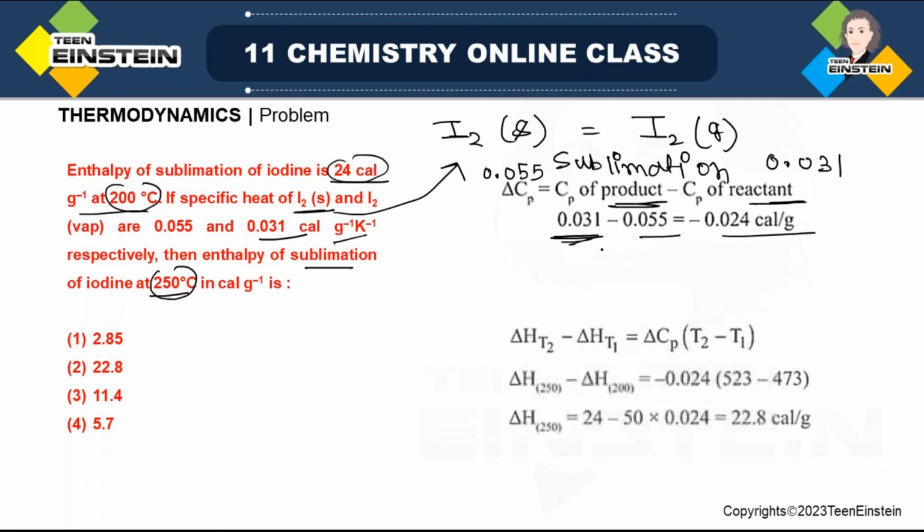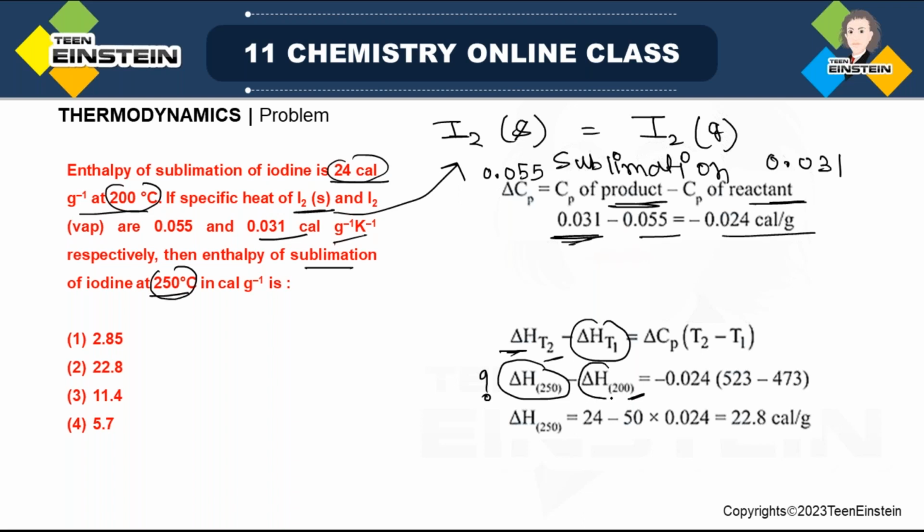Now we will put it in this equation because remember there are two Kirchhoff equations. One is related to del U, another to del H. We need this one because it is asking enthalpy of sublimation, not internal energy. So del H at T2, that we have to find, which we do not know. But what is del H at T1? That is at 200, and that value we already know, it is 24.